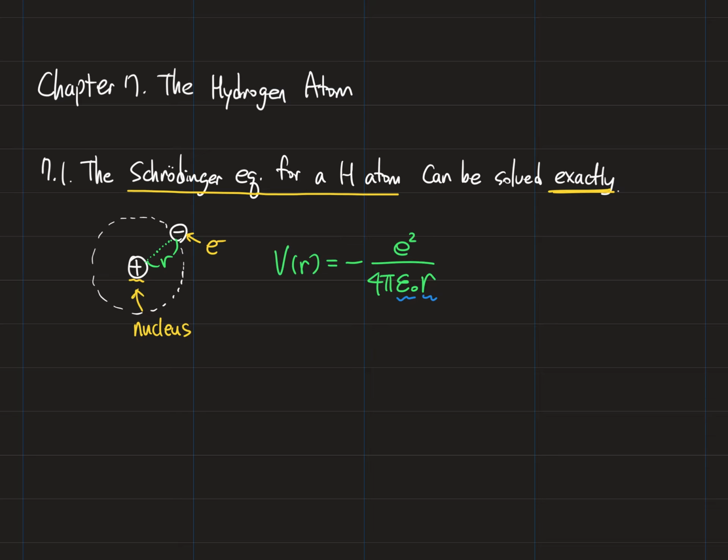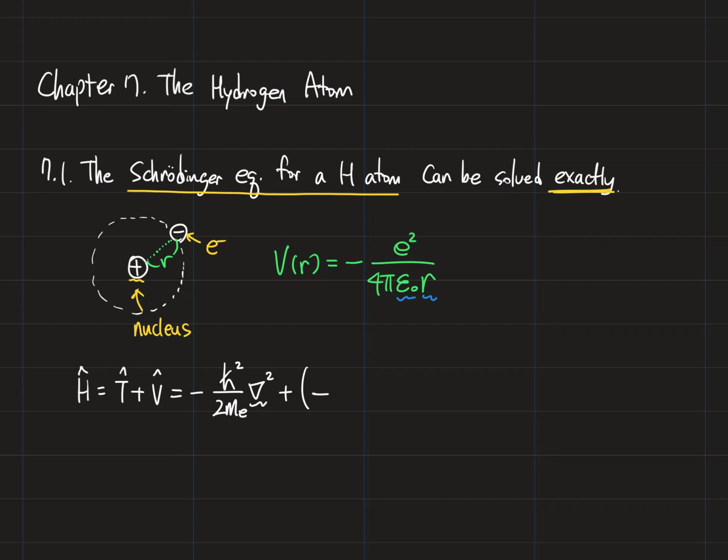So with this potential energy, we can write down the Hamiltonian. The Hamiltonian is the sum of the kinetic energy and potential energy. The kinetic energy of the electron does not really depend on the system, right? So it can be written the same as for all other examples: h bar squared divided by twice the mass of the electron, and we take the second derivative with respect to x, y, and z. So that is the Laplacian operator here.